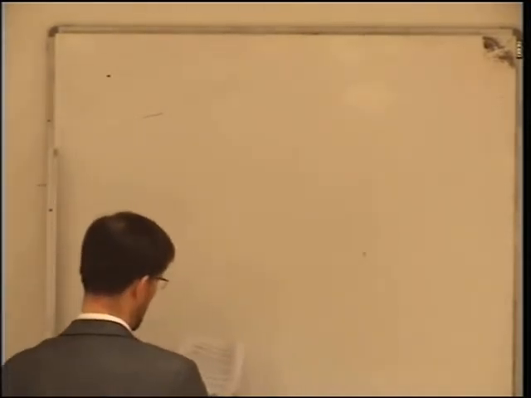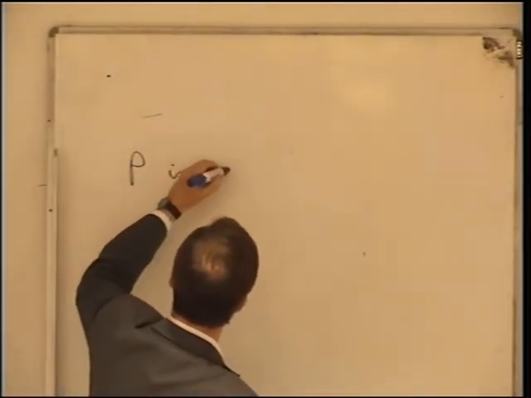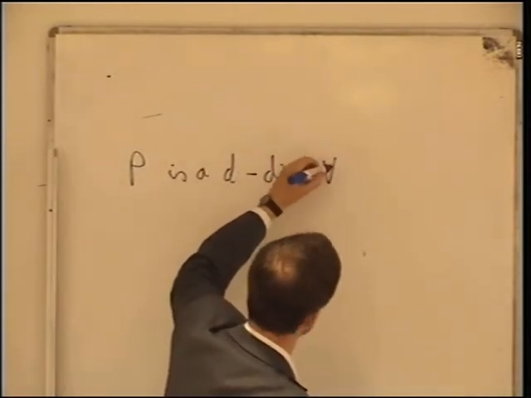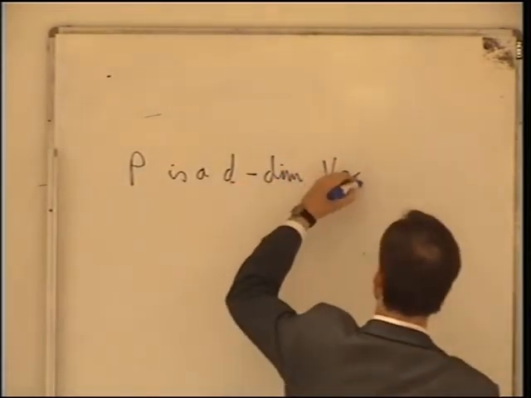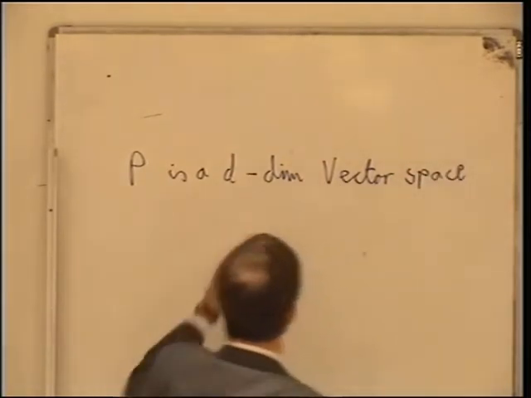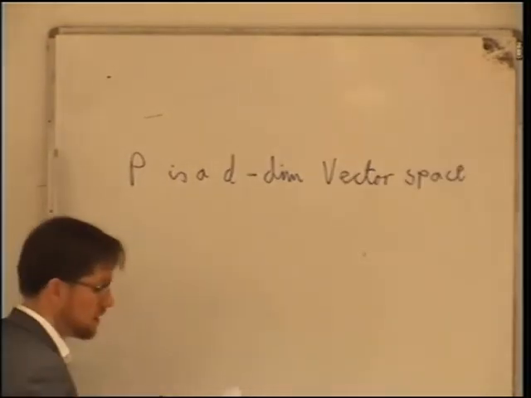So, if P is a d-dimensional vector space, so once again, this is a statement which is true for all vector spaces, but we're really only interested in function spaces, but that's a subset, so that's cool.